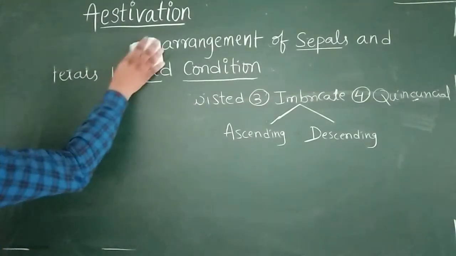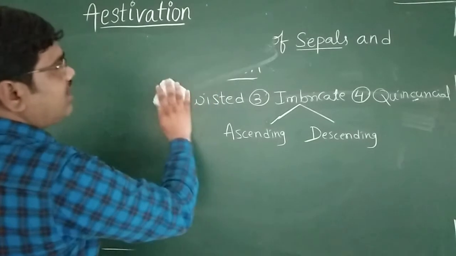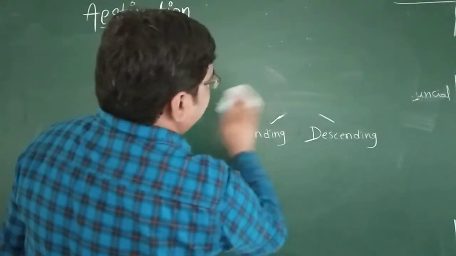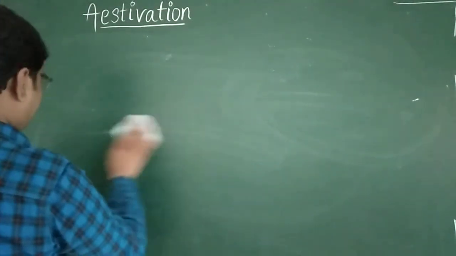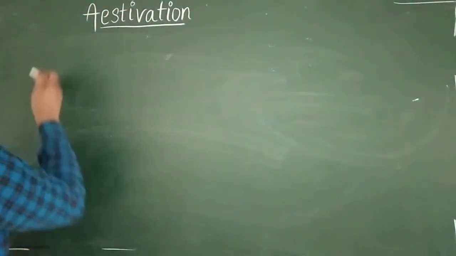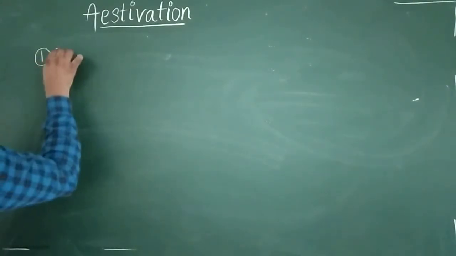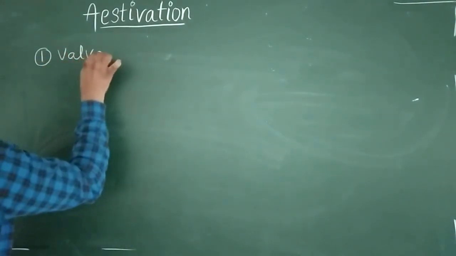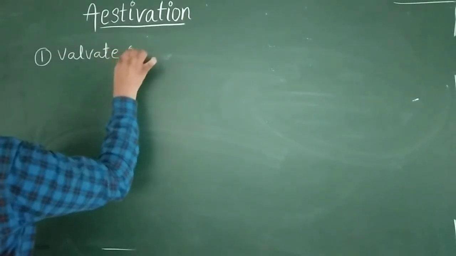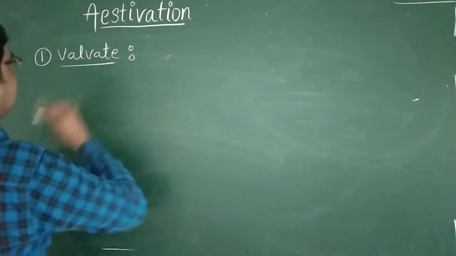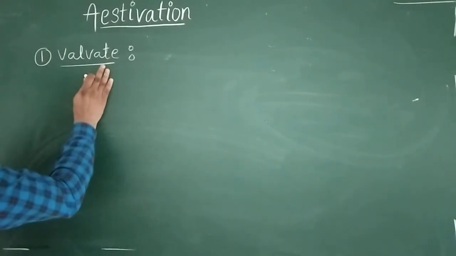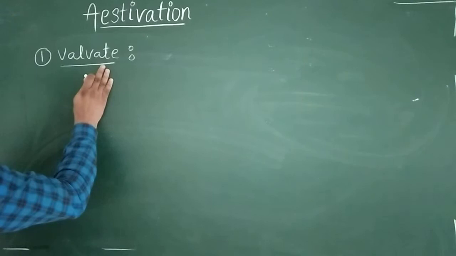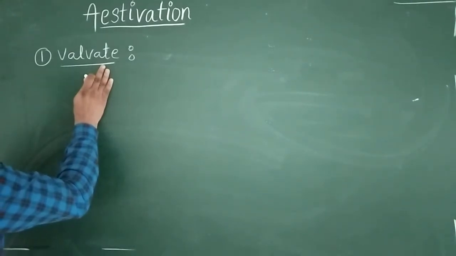Of these four, the first one is valvate estivation. What is the valvate estivation? In this type of estivation, the sepals and the petals are arranged closely with small gaps between them.